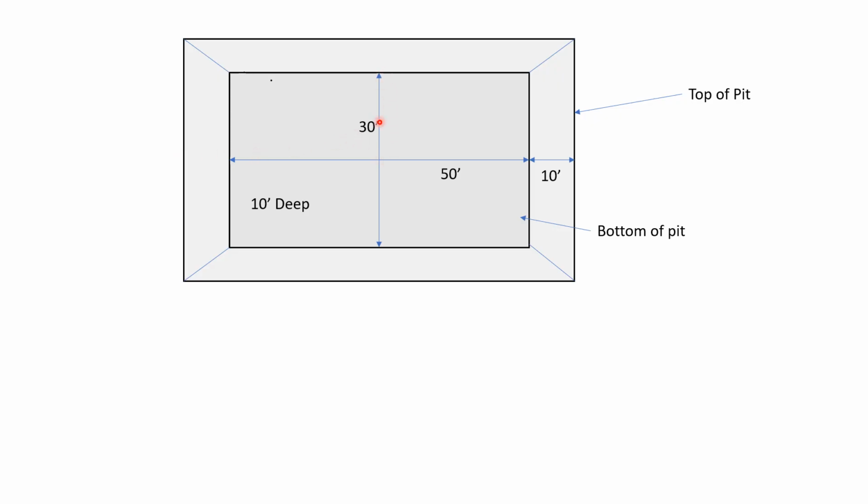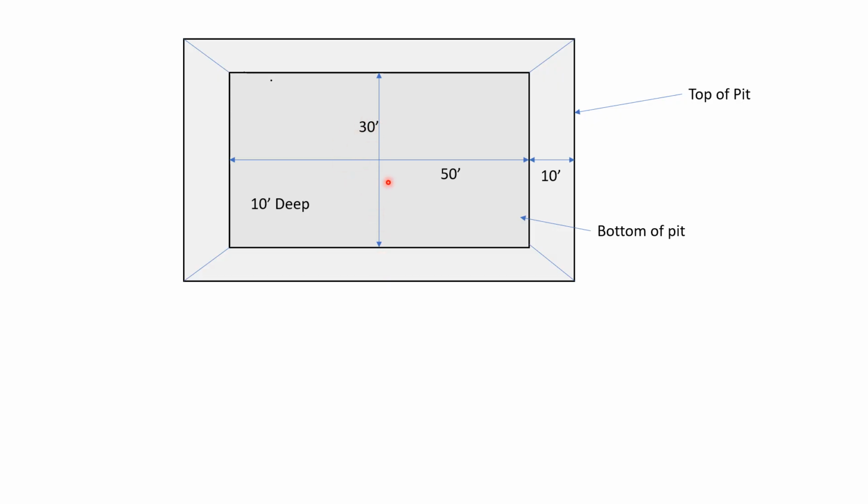So this is 30 and this is 50, so we have the bottom of the pit. That's going to be real easy to figure, but now we need to know the dimension of the top of the pit. Now remember, we've got to add 10 feet here, and 10 feet here, and 10 feet here, and 10 feet there.